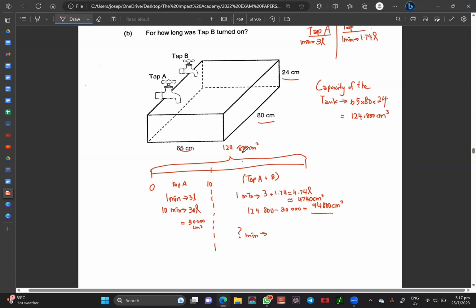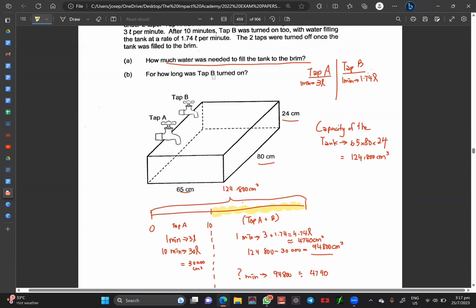So all we need to do is simply 94,800 divided by 4740. We get to an answer of 20 minutes. So therefore, what they're trying to say is that from this point all the way to the end, which is the brim, you will need 20 minutes.